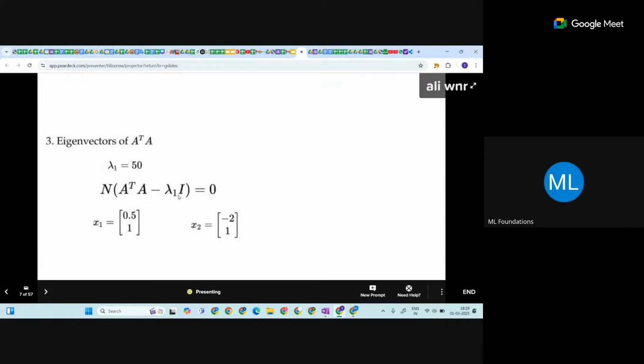If you are solving the equation, what you are doing is finding the null space. This is A transpose A minus lambda, this is the equation, right? You get a system of linear equations from this portion. So you are actually finding the null space of this whole matrix.